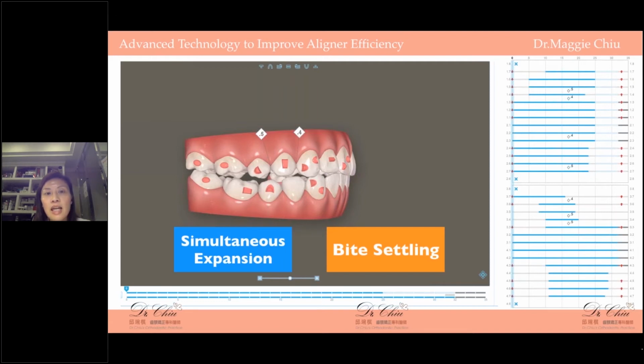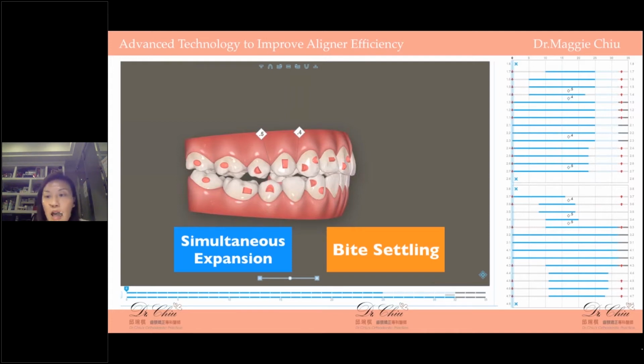As you can see, after the segmental distalization, the posterior arch form had been skewed, or it's been narrowed, and the buccal overjet on the posterior region is not enough to fix the posterior open bite. So we need to expand the upper arch a little bit more, okay? And we are going to do bisettling, okay? So that the patient will have good interdigitation at the end of the treatment.